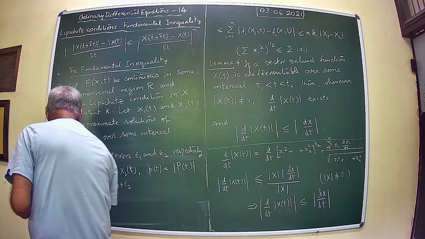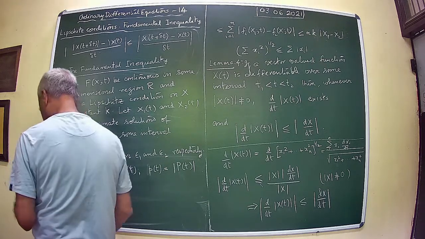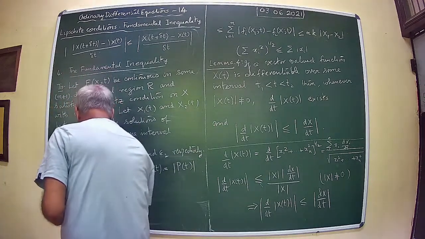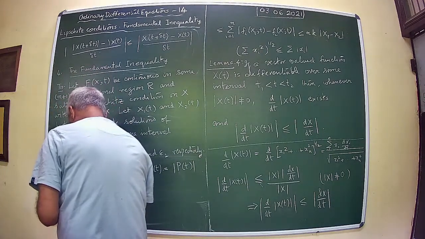Mod pt is bounded by exponential of k into mod t minus t naught.